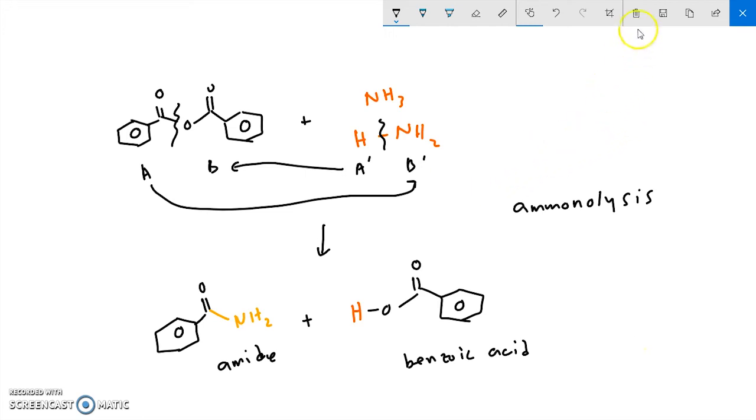Let's take a look at the example for esters. Again, nucleophilic substitution is a reaction between a carboxylic acid derivative with a non-carboxylic acid derivative compound. So, if we are using esters, for instance, the 3-carbon ester attached to the oxygen and attached to the benzene group.